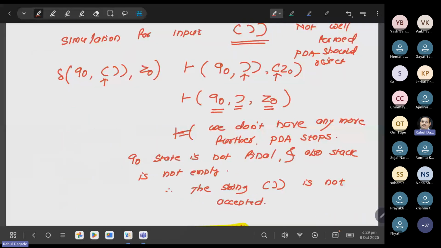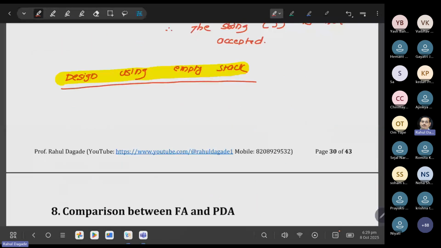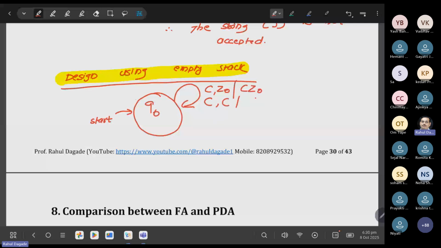Now let us try to design using empty stack. For that, again the same Q0 state, it is a start state. And here we have an opening parenthesis with Z0 on stack, and we are pushing that onto the stack. Opening parenthesis on top of stack, then we are pushing it.